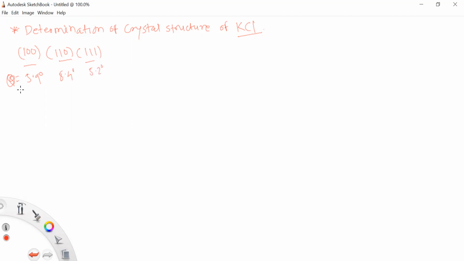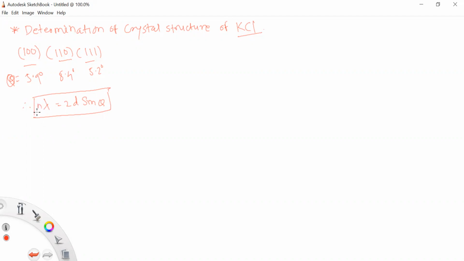Once we get these angles from the rotating crystal method, then from Bragg's equation, n lambda equals 2d sine theta, we can find the crystal structure of NaCl.